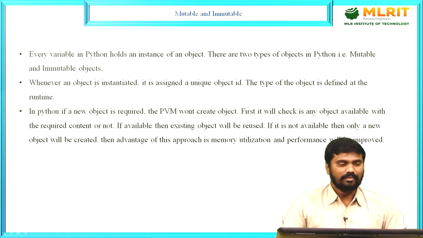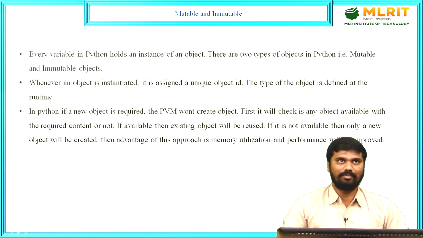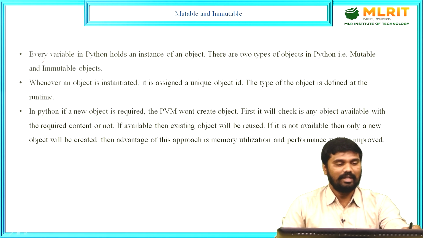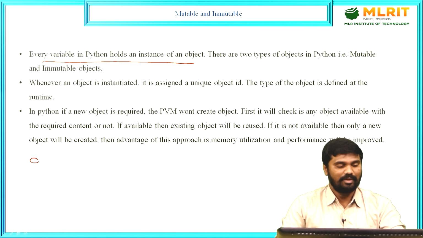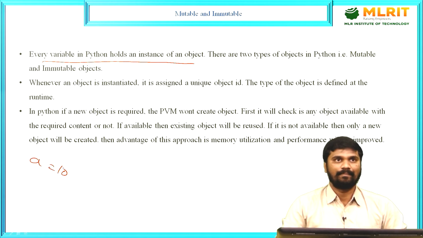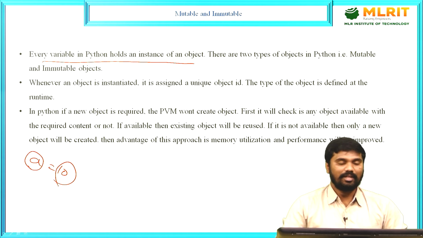To understand mutable and immutable, we need to discuss the Python virtual machine, which handles the creation of an object. Every variable in Python holds an instance of an object. For example, a equals to 10. Here a is a variable and 10 is a value, but in Python everything is considered an object.